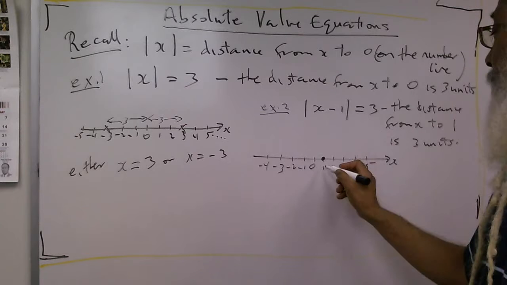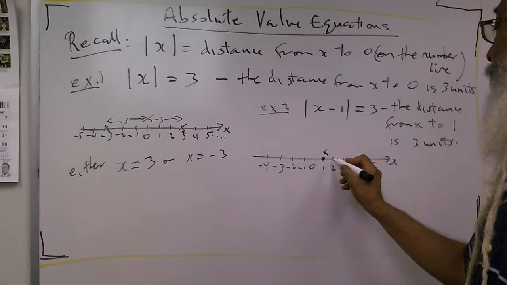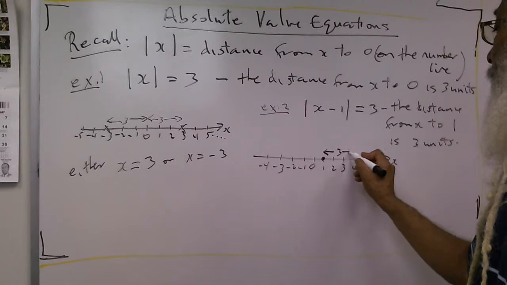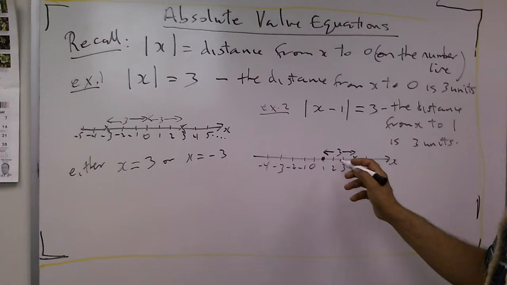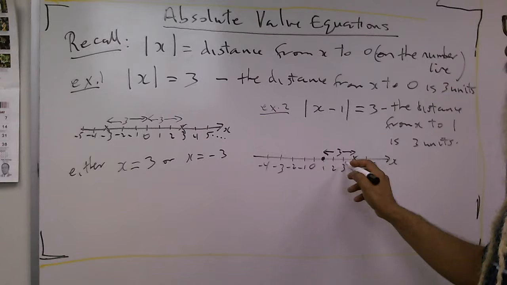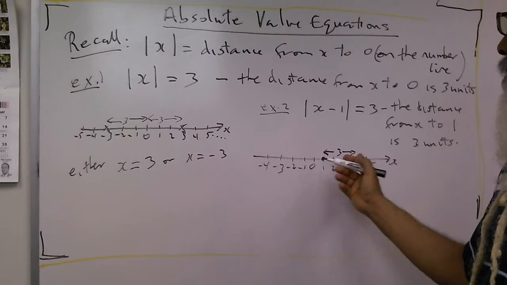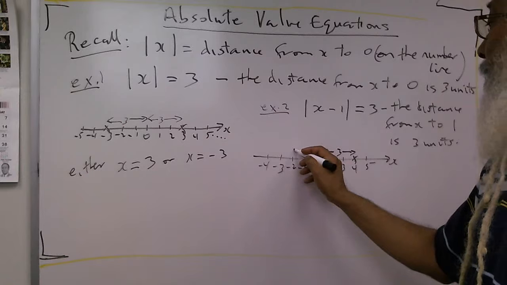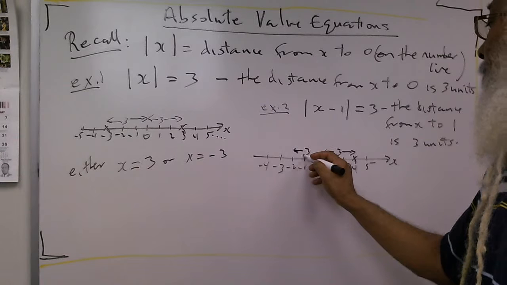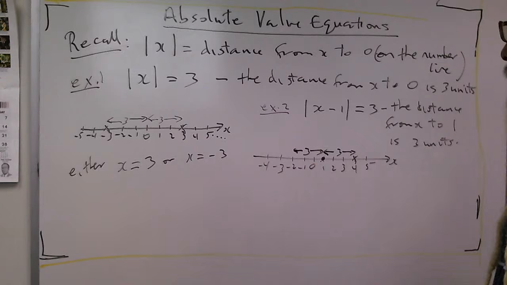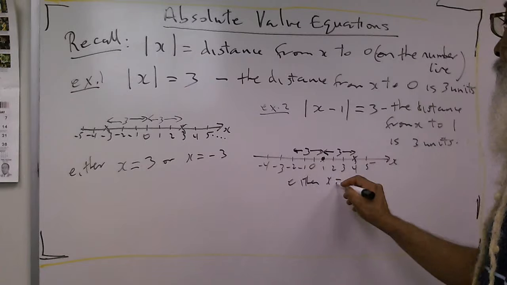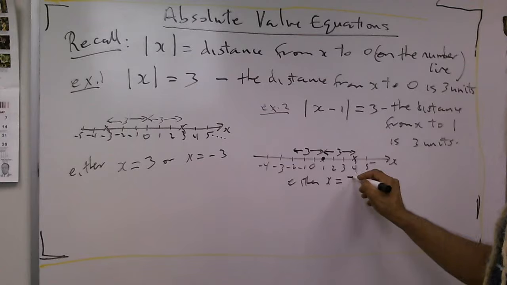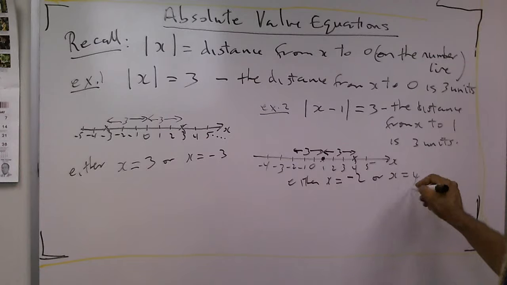So I take 1 and I go 3 units away from 1, and I will end up at 4 on the right-hand side. If I go 3 units away on the left, I'll end up at -2. This is 3 units away. So my solution here is either x is equal to -2 or x is equal to 4.